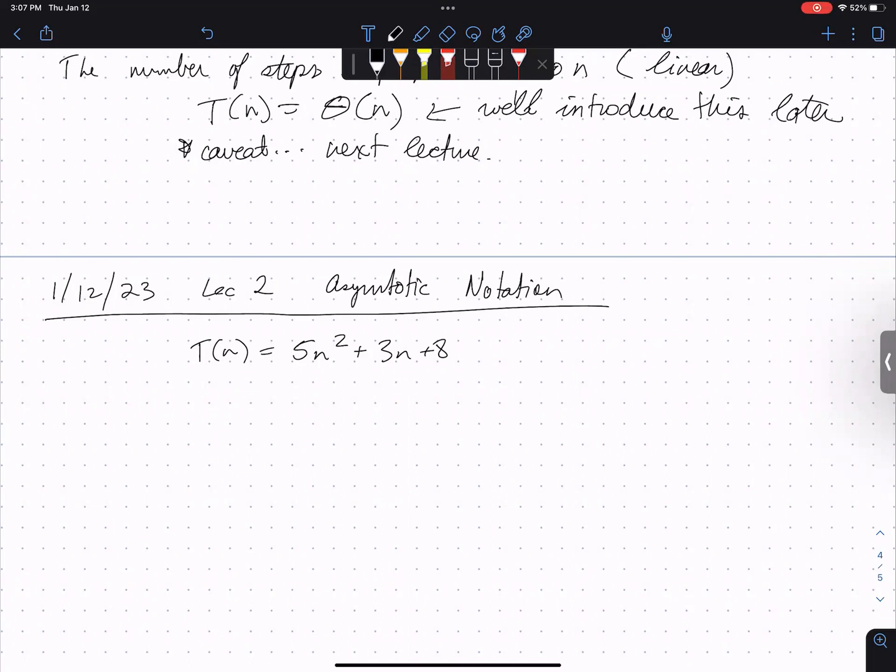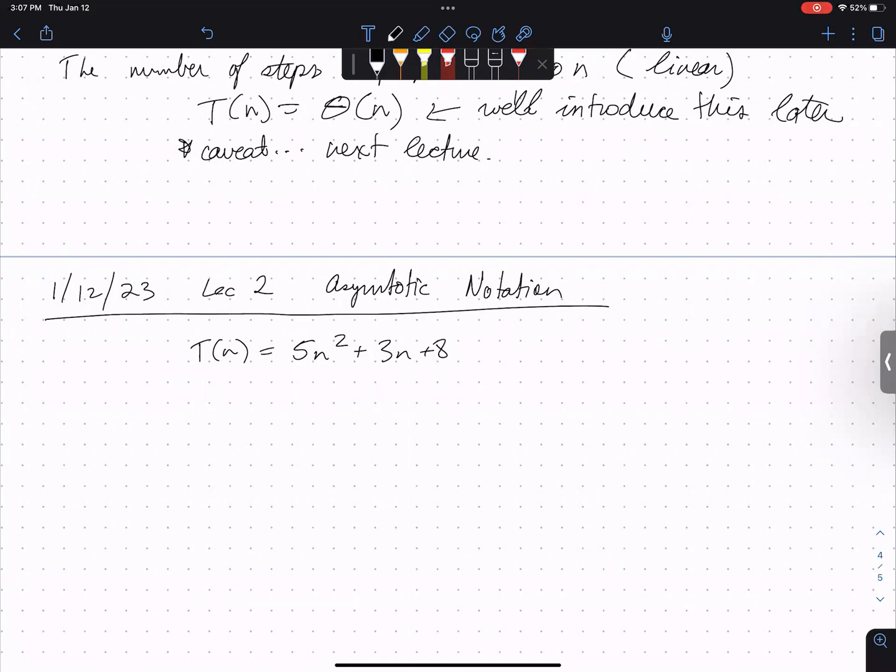And finally, ultimately, we want to compare running times of algorithms. So we want to group them together into categories that have similar scaling properties. This is really what we were after. We're after not exactly how many steps an algorithm takes.